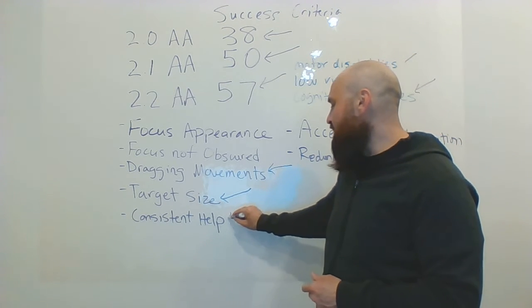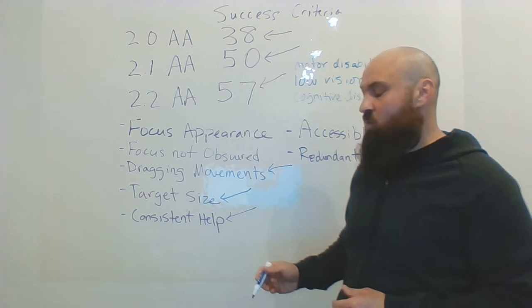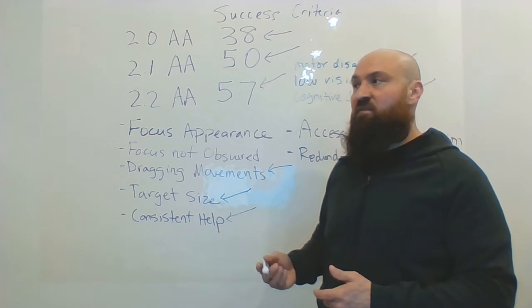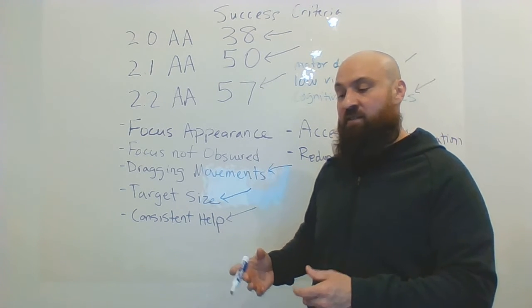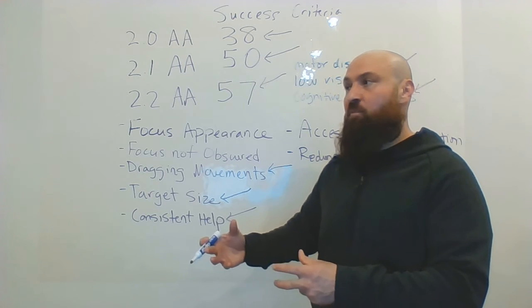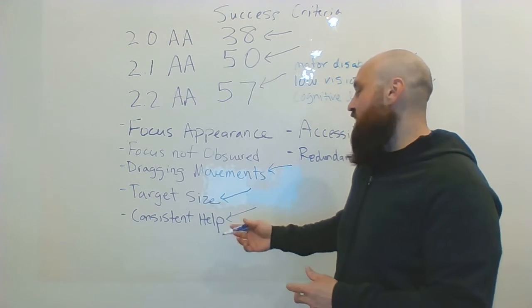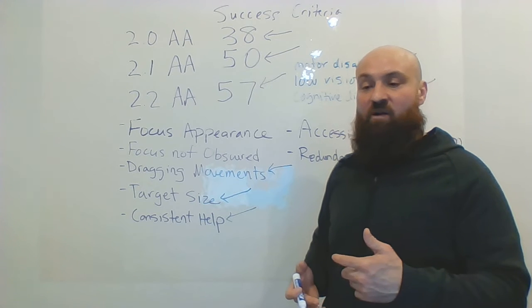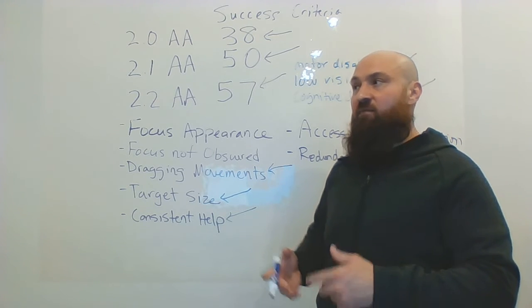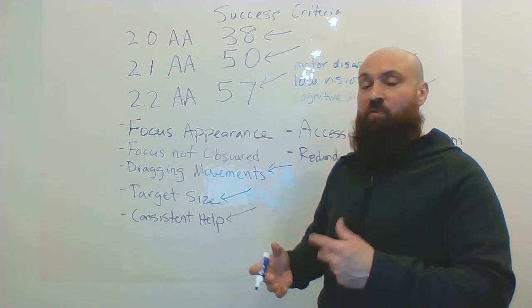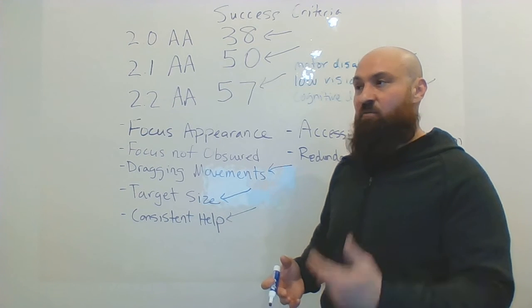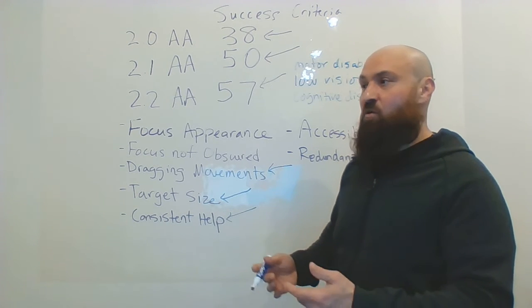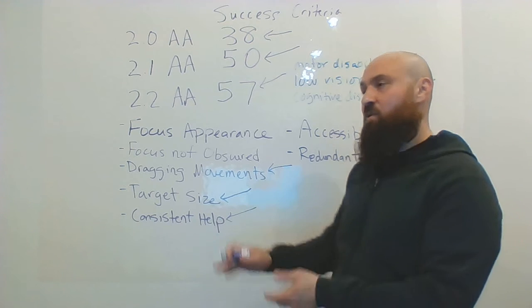Consistent help. This is making sure that where help is available, it's available in the same place or similar places throughout your website. So you want to make sure that if you have a chat box, it's available at the same place in a predictable manner as the rest of your pages. So one page doesn't have a chat box and the other one doesn't.